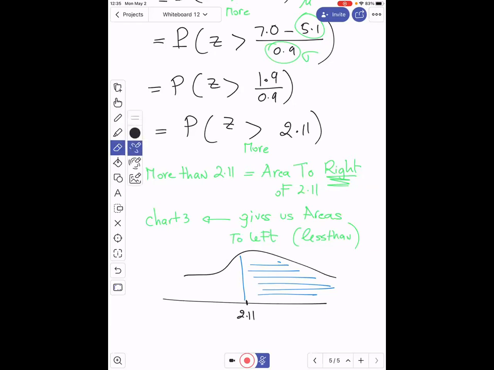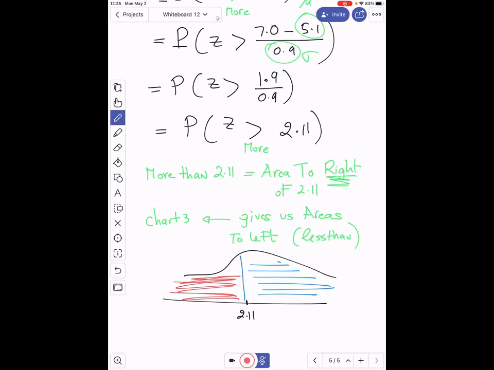As I said, the chart gives us the areas to the left, not to the right. But what's the relation between the areas to the left and the areas to the right? The area to the left plus the area to the right will be 100%, because the total area of the region under the graph is 100%. The left plus the right is always 100%, that's 1.